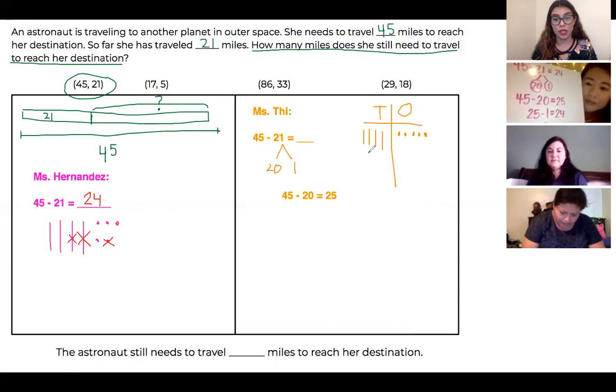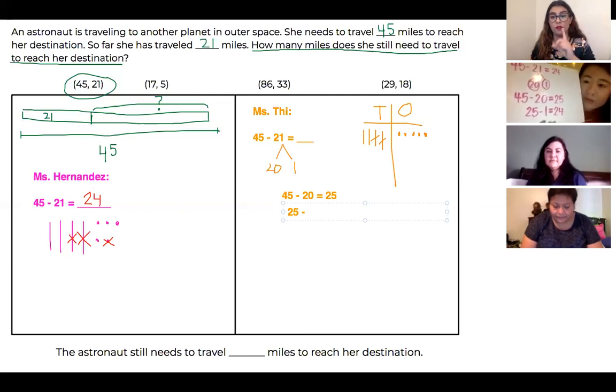So then she took away 2 tens, 1, 2, and then it left us with 25, 20, 1, 2, 3, 4, 5. And then what she did next was she put 25 minus that 1, because we still have that 1 from when we decomposed 21. And it gave us 24.